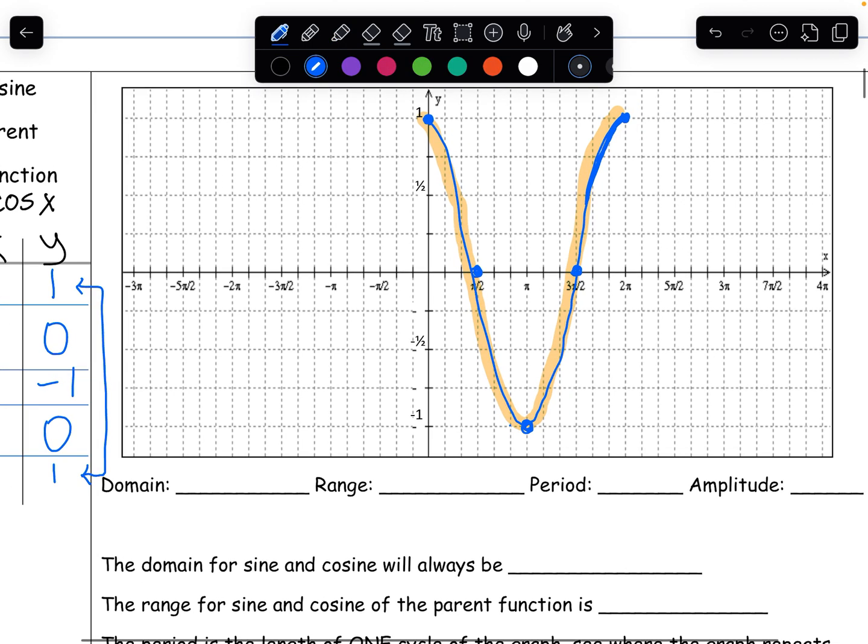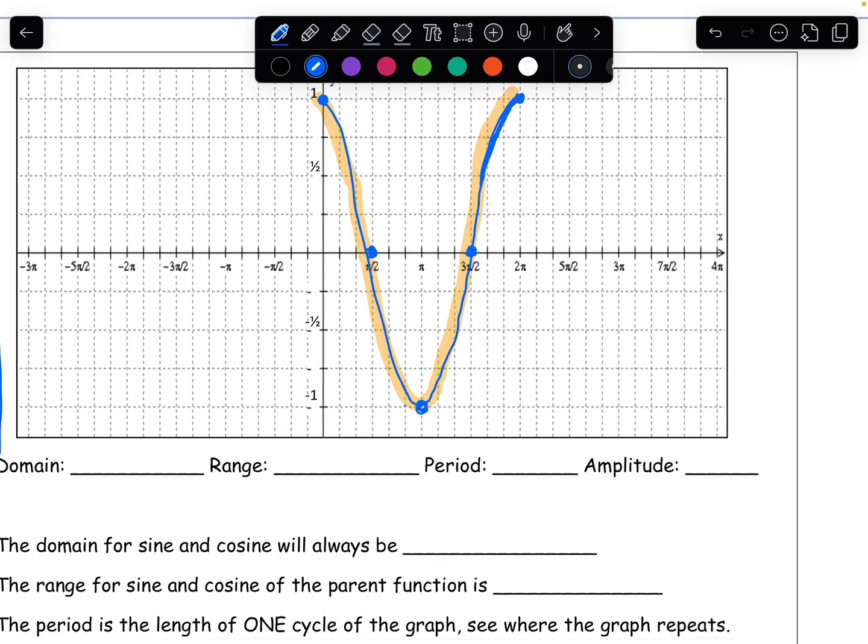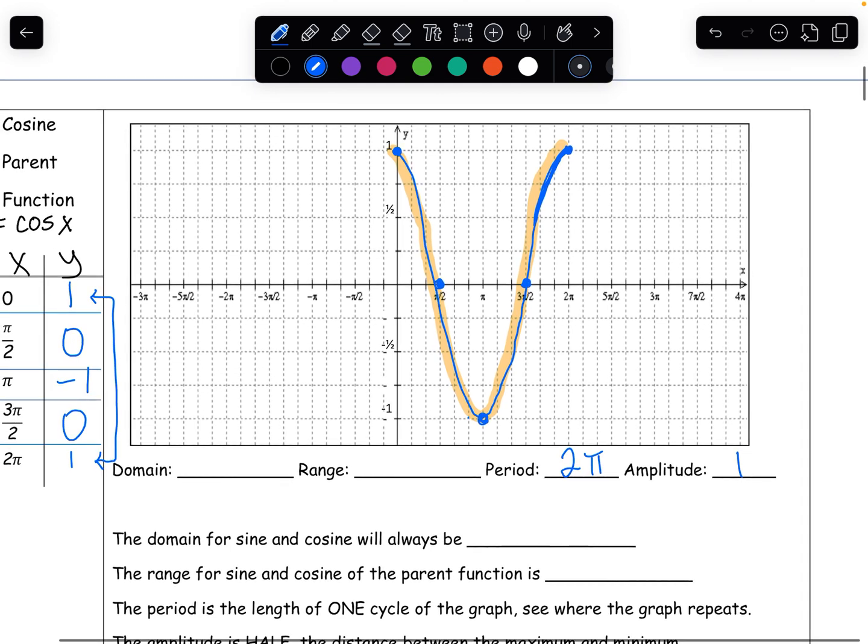And so our period is 2 pi and our amplitude is 1. And so we can actually, again, keep going. We can go back down. This is the continuation of that cycle.